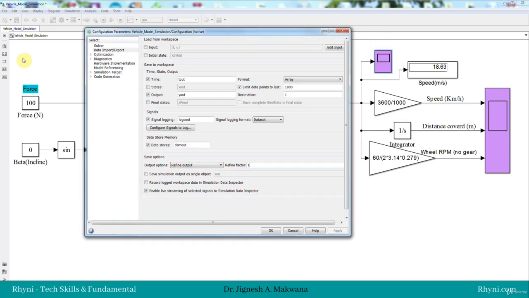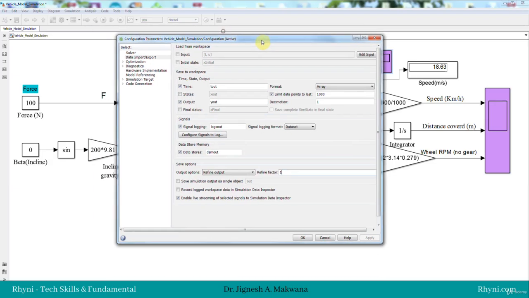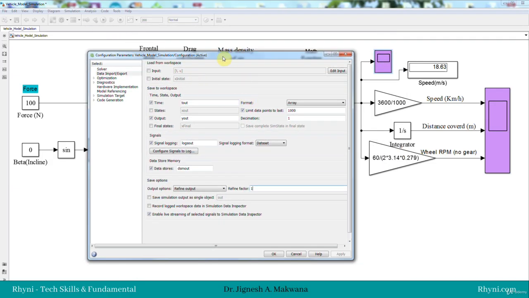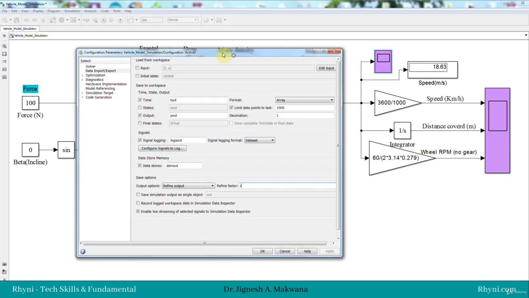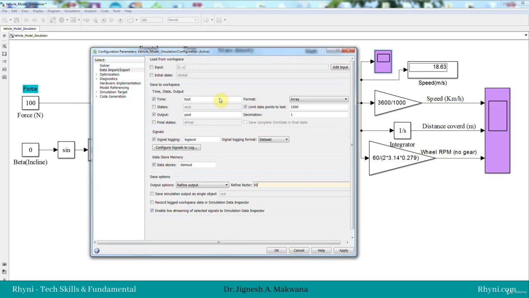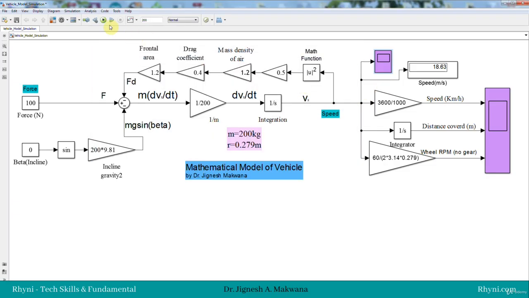When you are using Simulink model components, not discrete and not using any electrical SimPower Systems library components, your simulation will be very fast, but you need to use this refine factor. You can increase to 10, 20, or I use 50 for refinement. Even if you use a sine function or sine wave, sometimes you will find distortion in the waveform. So increase this refine factor and let's run it again.